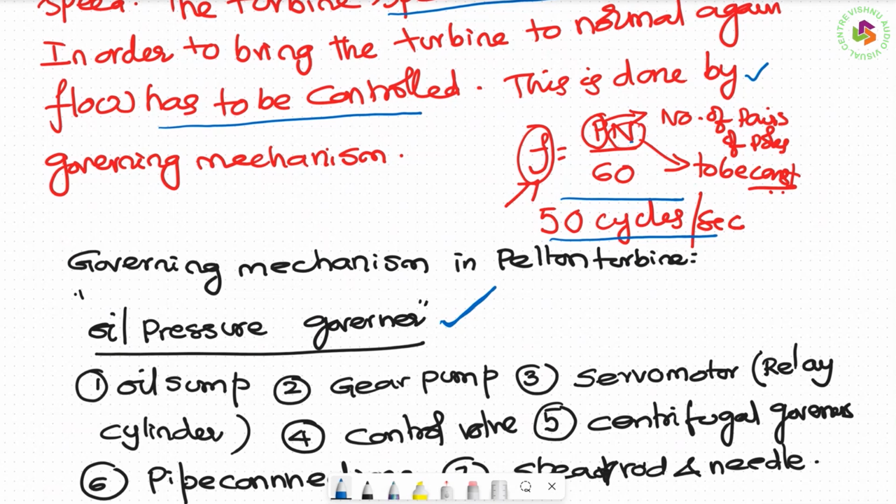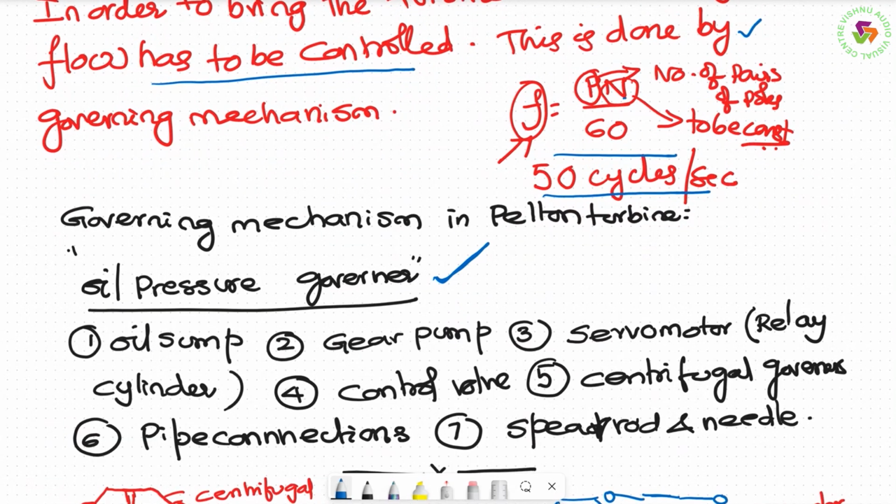Then naturally there will be a pump to pump this oil into the governing mechanism. That is what we call the gear pump. There will be a servo motor, a relay cylinder, in which there will be a piston, and the piston is connected to the spear rod, and at the end the spear will be moving into the nozzle or out of it.